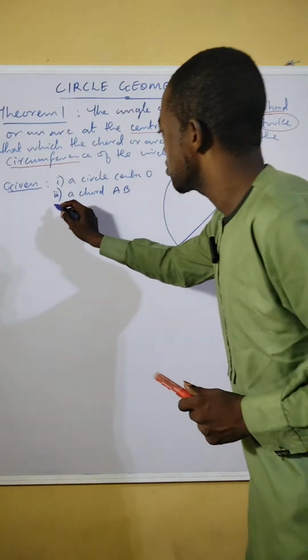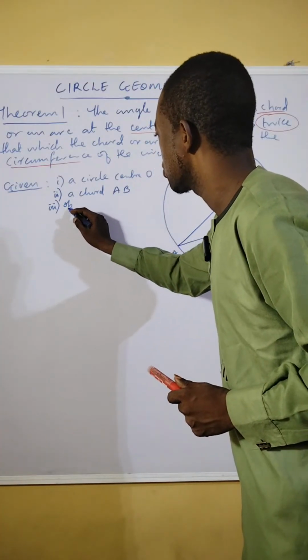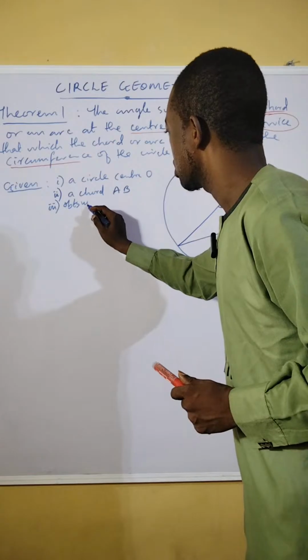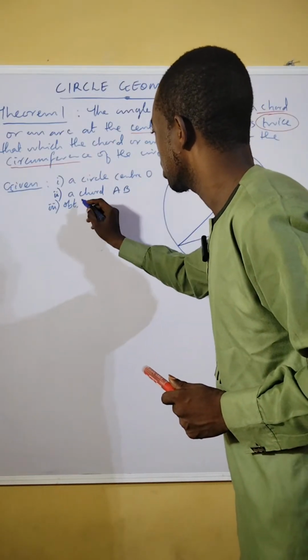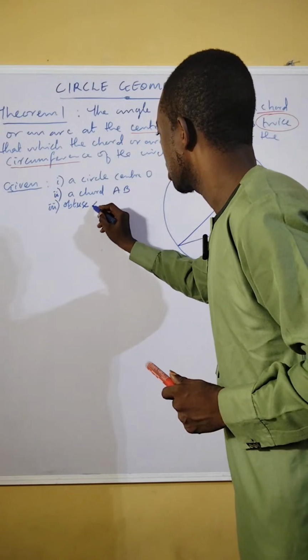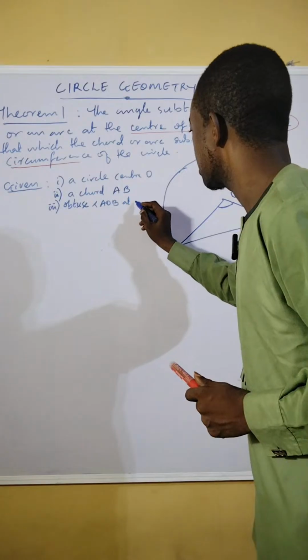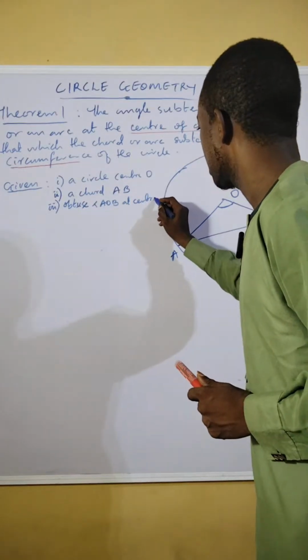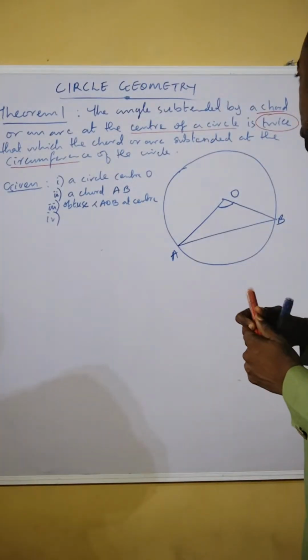So now that means next we want to say that we have obtuse angle AOB at the center. And also number 4 is talking about the angle at the circumference.